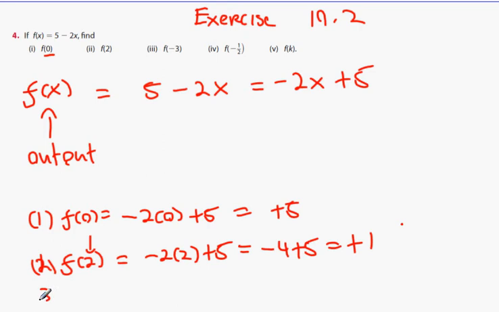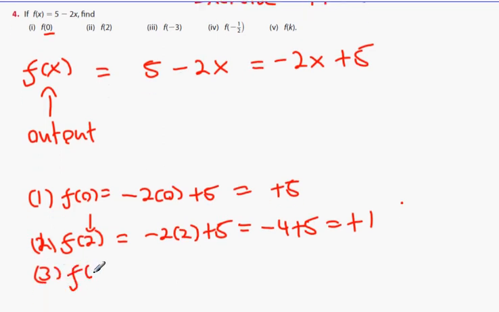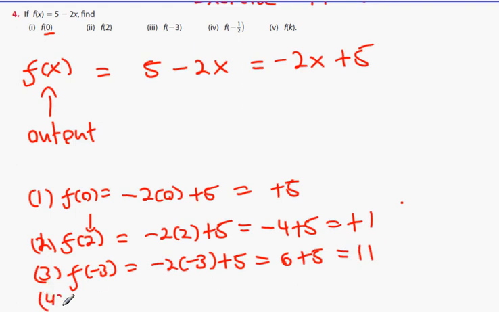Next one, part 3. F of -3. Your input is -3. -2 multiplied by -3 plus 5. What's -2 by -3? 6 plus 5? 11. Okay. Part 4.